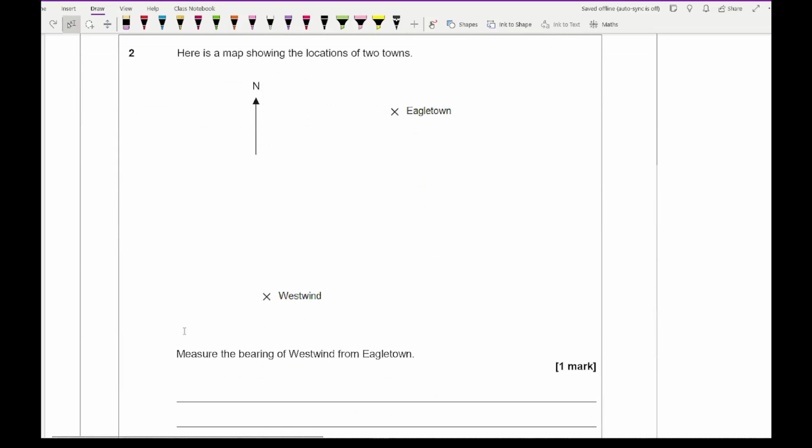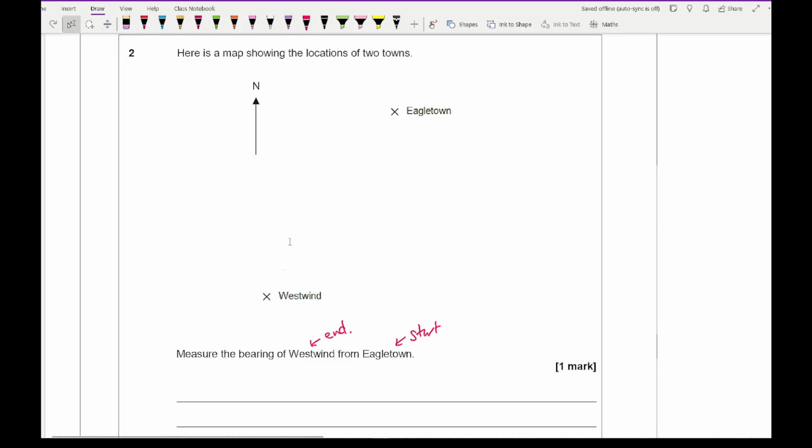Then moving on to question 2, it says here is a map showing the location of 2 towns, and the question is asking us to measure the bearing of Westwind from Eagle Town. So I'm starting at Eagle Town and my end destination is Westwind.